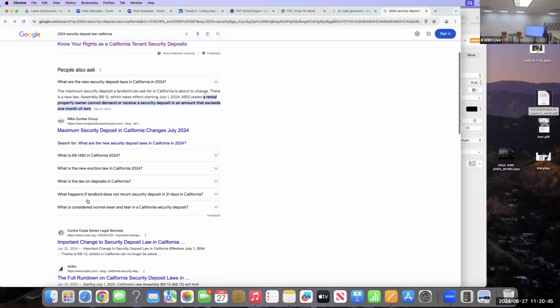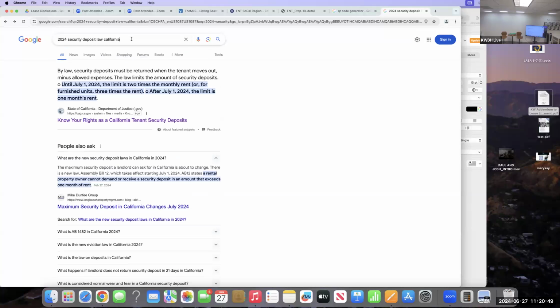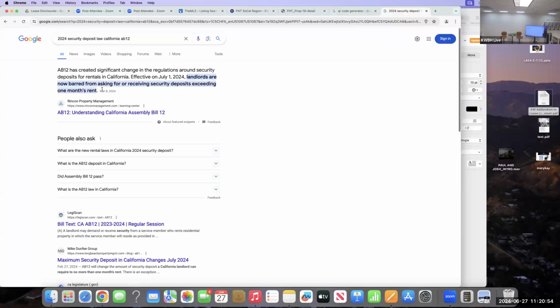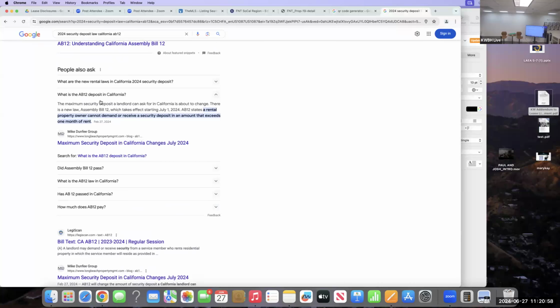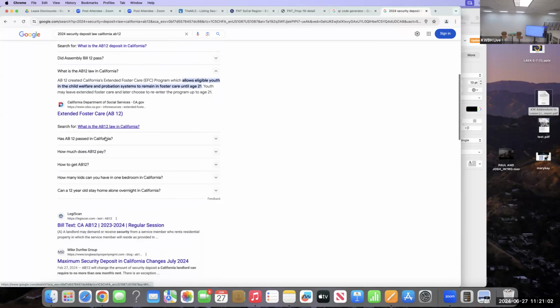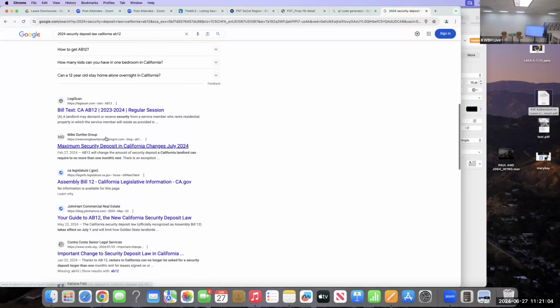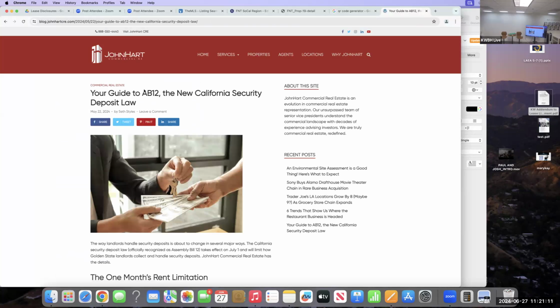So we need to know AB 12. Everyone's saying you can't have more than 1 month, but that's not true. Guide to AB 12. This is an attorney now, John Hart, commercial real estate.